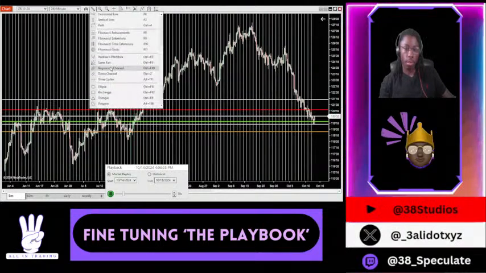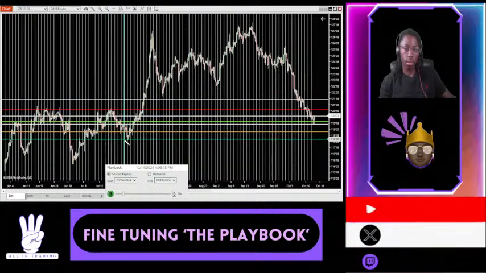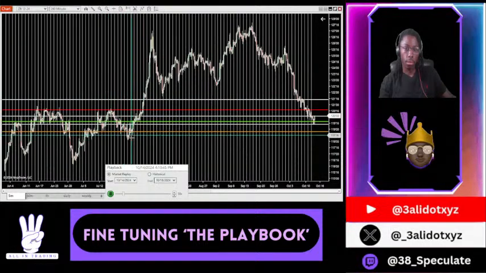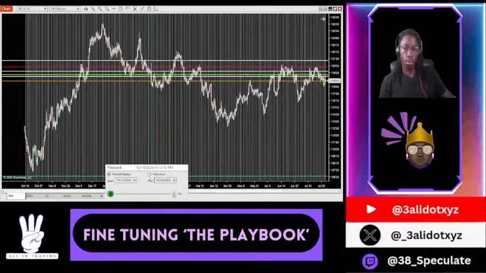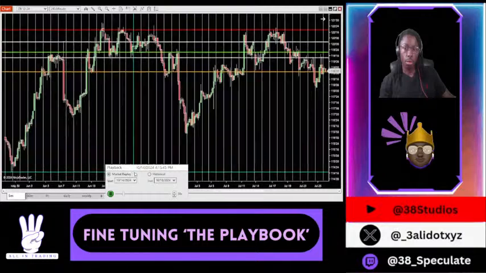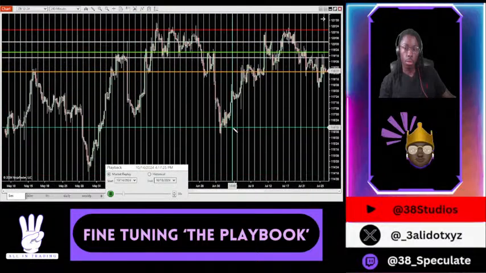I don't see us coming back down here. But this is where price, whoa. Last price came down before it started that move up.